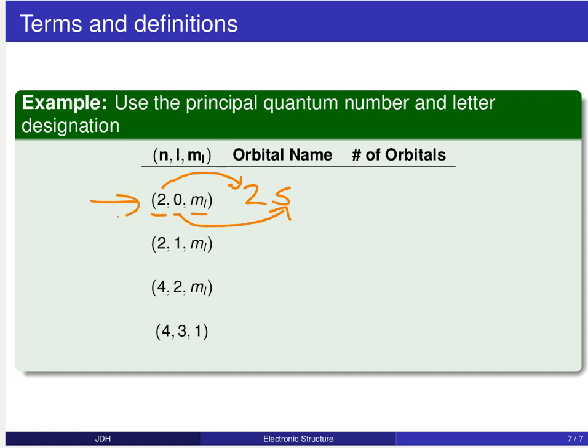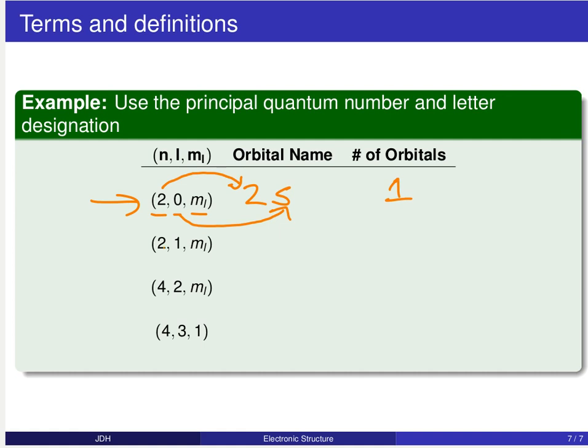And then we can count up the total number of orbitals that will have this orbital designation or orbital name of 2s. To do that, we need to look at the different values m sub L can take. If L equals 0, the only value m sub L can take is 0, so there is only one of these orbitals with this specific orbital name.